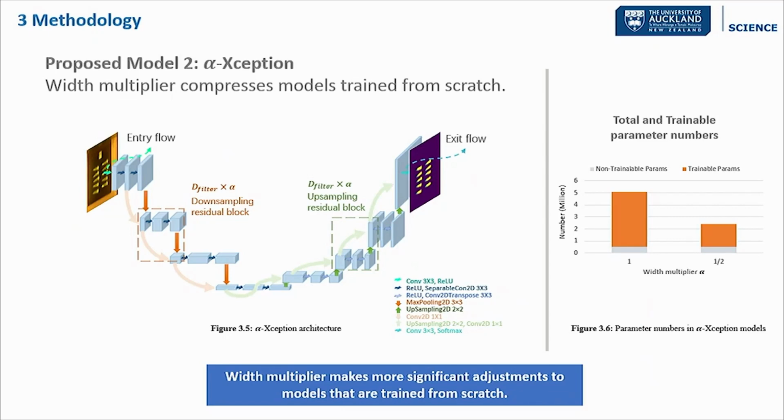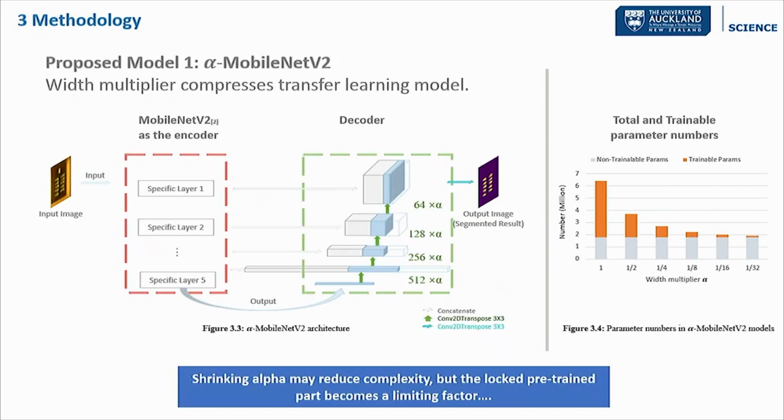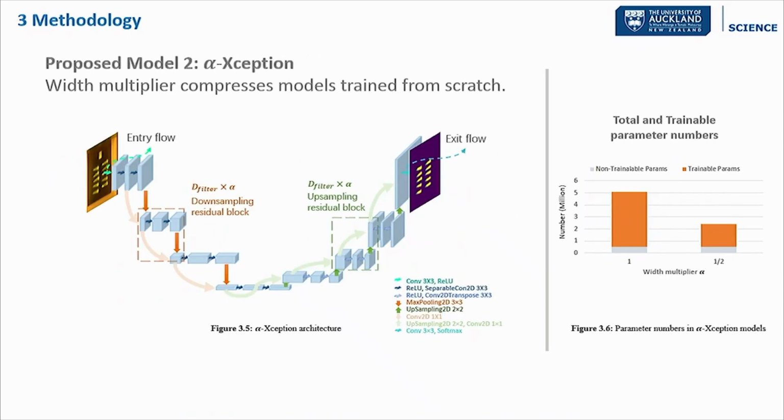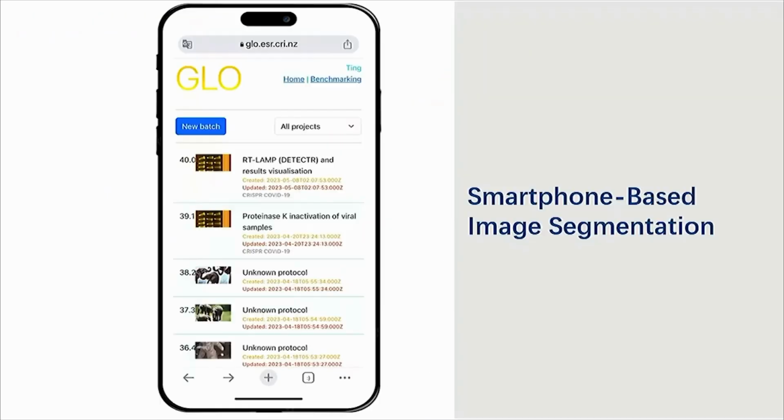Yeah, that's a vital point. For the Alpha MobileNetV2 model, it has a pre-trained part, which is the backbone. But the Alpha Xception model, sorry, I should have presented it more clearly, is actually trained from scratch. It doesn't have pre-trained weights in it. That's also the reason why this model is the quicker model in the previous video I showed here.